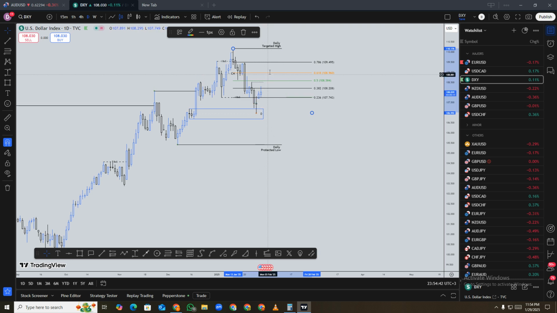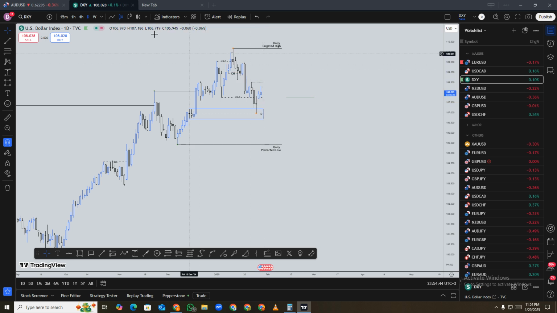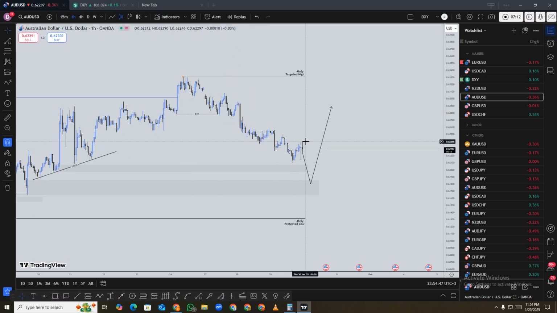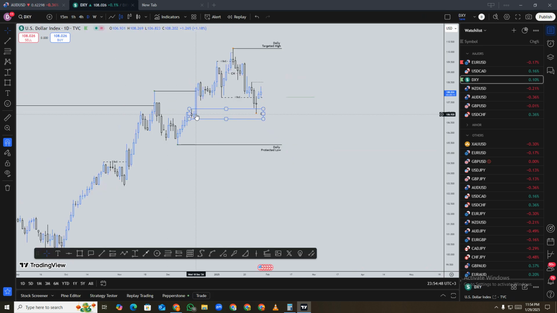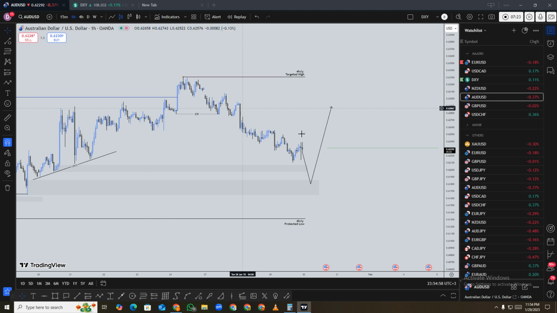We expect that to buy, which tells me that in every pair where the USD is the quote, we may see significant selling in the long run.